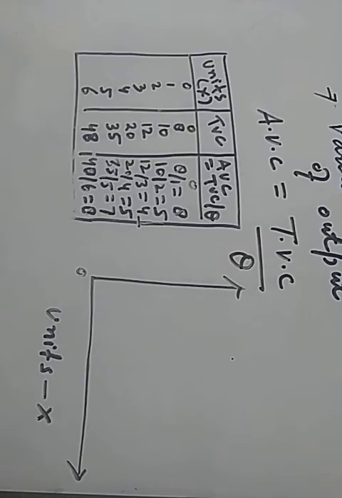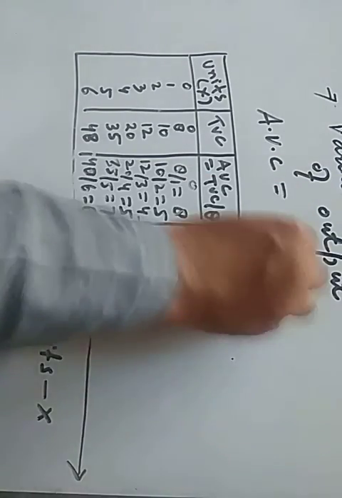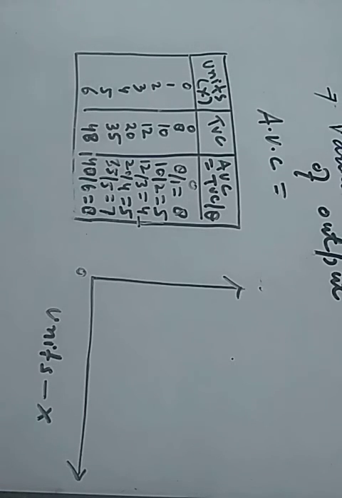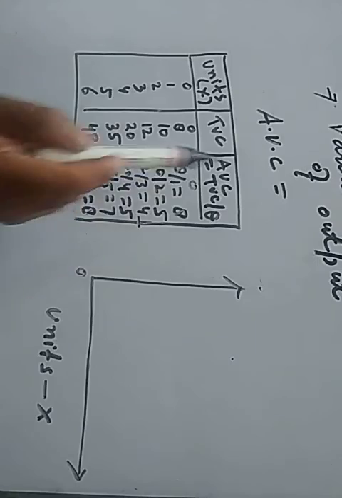And on the vertical axis, the y-axis, we take the values of average variable cost. Since we have to draw the average variable cost curve, not the total variable cost curve, we will take only the values of average variable cost.